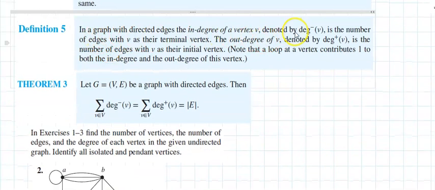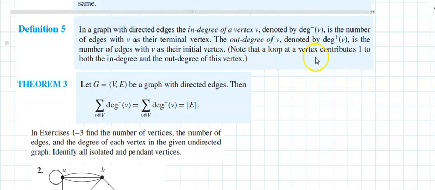Now this notation, again, we have an example on that. In a graph with directed edges, the in-degree of a vertex v, denoted by degree minus, is the number of edges with v as their terminal point, meaning they're coming into it. The out-degree of v, denoted by degree plus, is like taking v to be the initial vertex. You start there and you head out toward another vertex.